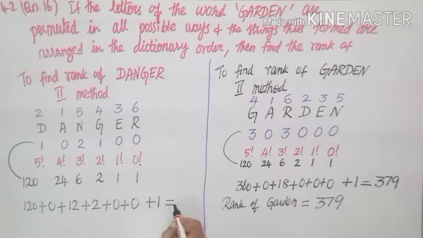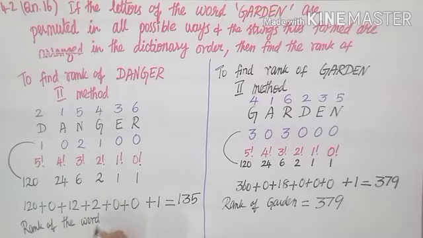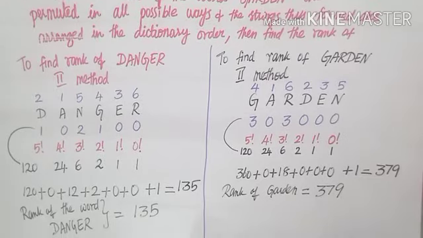So the total is 134 plus 1, 135. So the rank of the word is 135. Already we did the first method where we got 135 only. So whichever method you prefer, you can try.